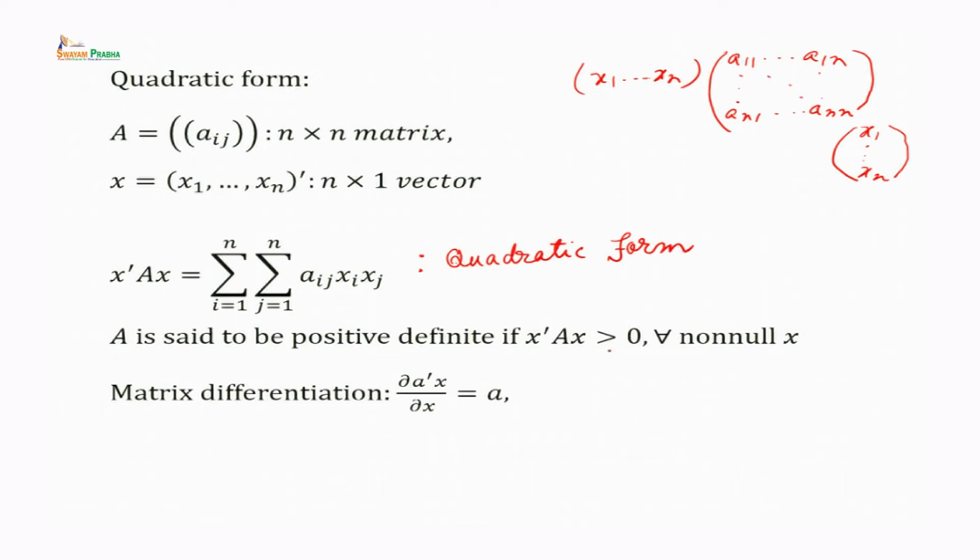So, if this condition is satisfied, then we say that A is positive definite. Similarly, you may define the negative definite matrix also. If X transpose A x is less than 0 for all non-null x, then we say that A is a negative definite matrix. Or we also define positive semi-definite and negative semi-definite matrices.